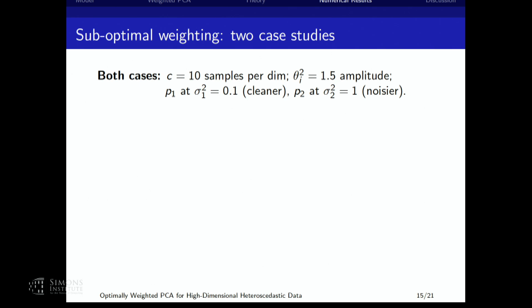Now we have 10 samples per dimension, and I'm just going to look at one component. It doesn't matter in some sense which one it is, but it has an amplitude of 1.5. And then I'm going to sweep the proportion of samples that are in the cleaner set and the proportion in the noisier set. The cleaner one has 0.1 and the noisier has 1, so still not greater than the amplitude, but a lot closer.